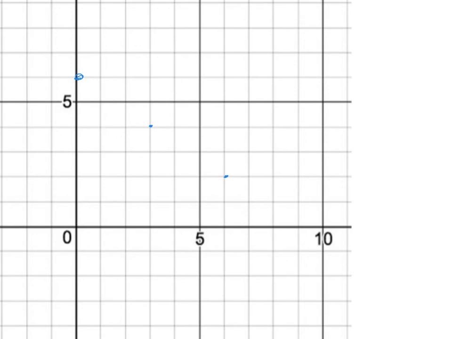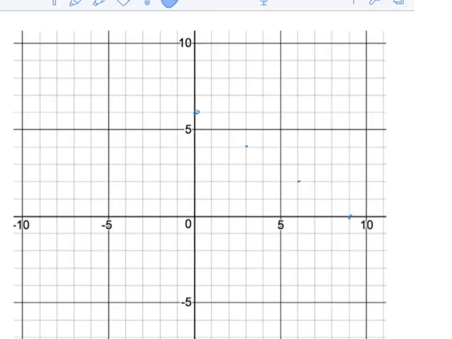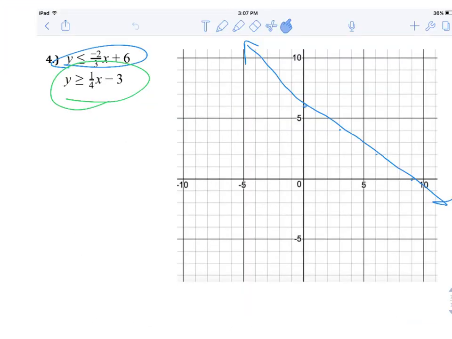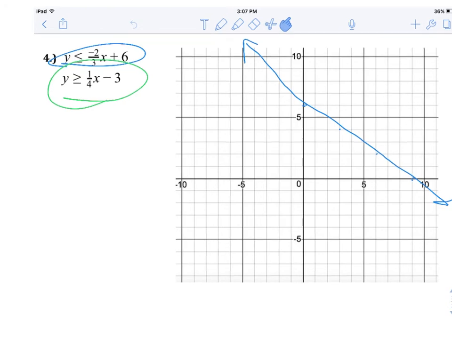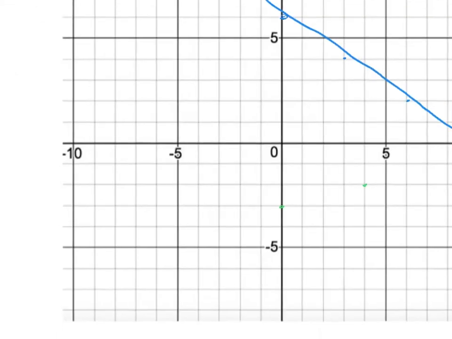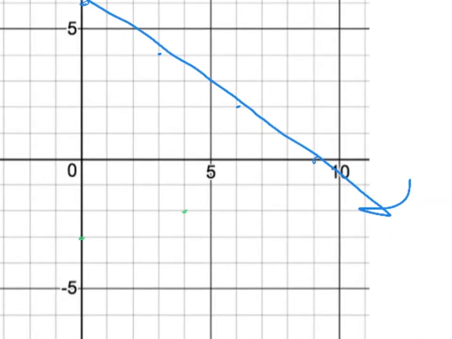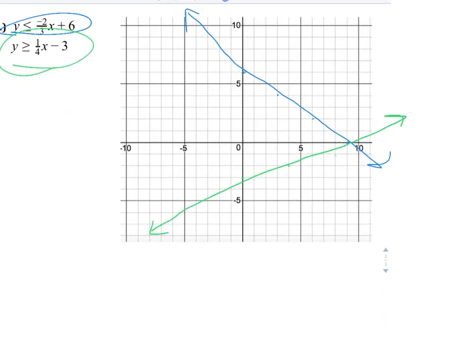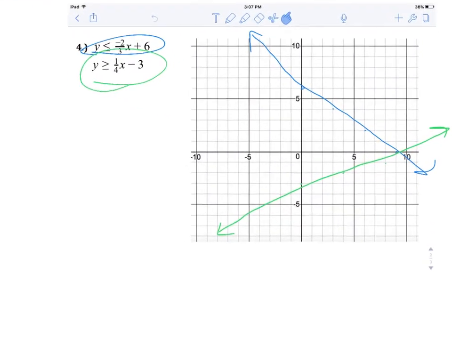This is a solid line, so I'm going to graph that. For the second inequality, we're starting at -3, and we're going to go up 1 over 4 to the right. And then we're going to connect again with a solid line. My lines are a little off, so bear with me.